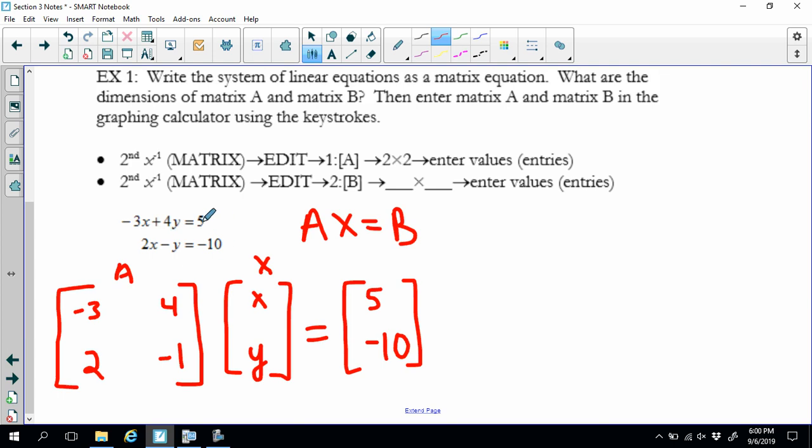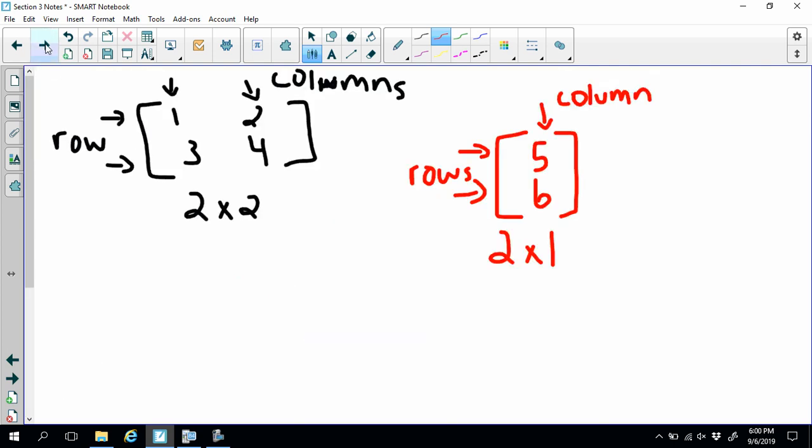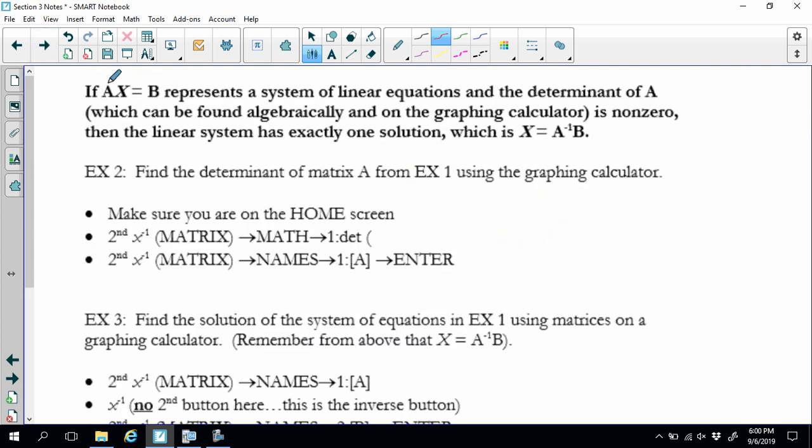So now what we're going to do is plug the A and the B matrix into our graphing calculator so we can solve. So it's saying that if AX equals B represents a system of linear equations, then to find the exactly one solution, to solve for X, we move A over.